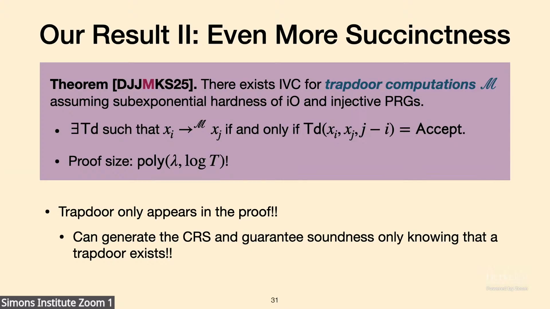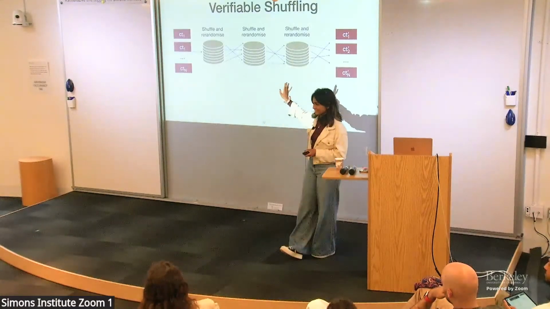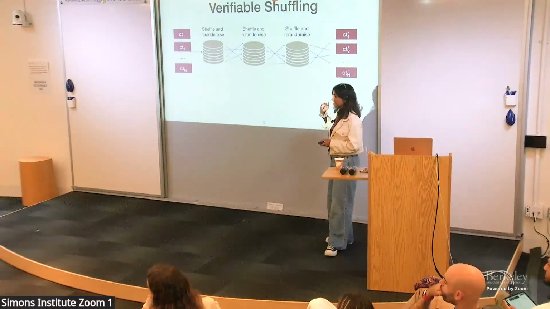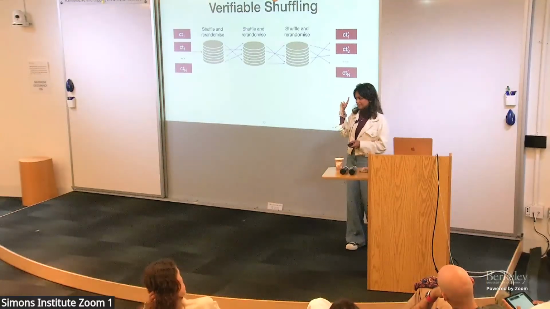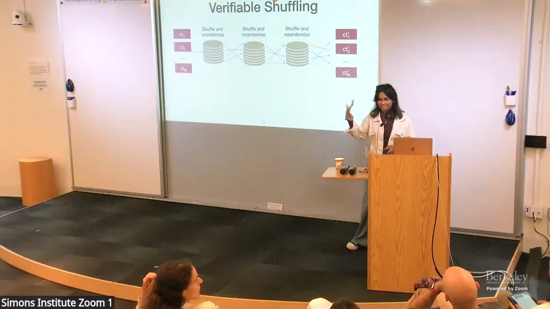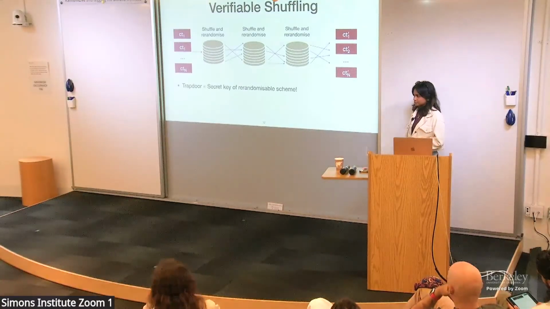Yeah? Can I think of this trapdoor as kind of like a universal witness for any statement? No, it's like a secret key. Normally a witness is what you need. Yeah, I understand. Maybe this example will clear it up. This is the verifiable shuffling example I mentioned earlier, which I cherry-picked because I can explain it here. Here, the trapdoor is really the secret key of this re-randomizable encryption scheme.